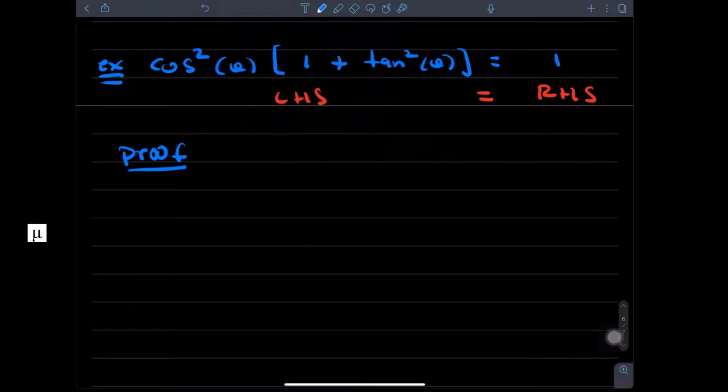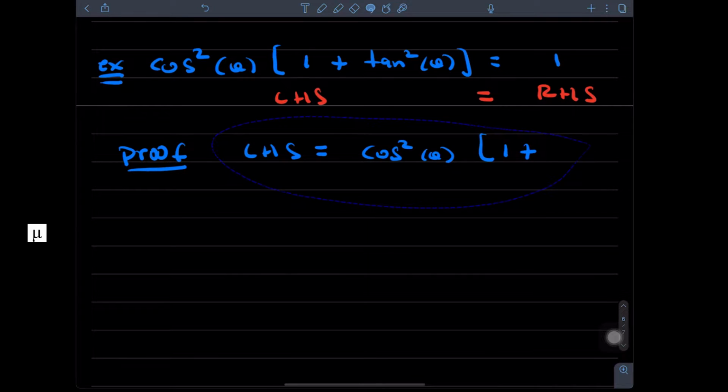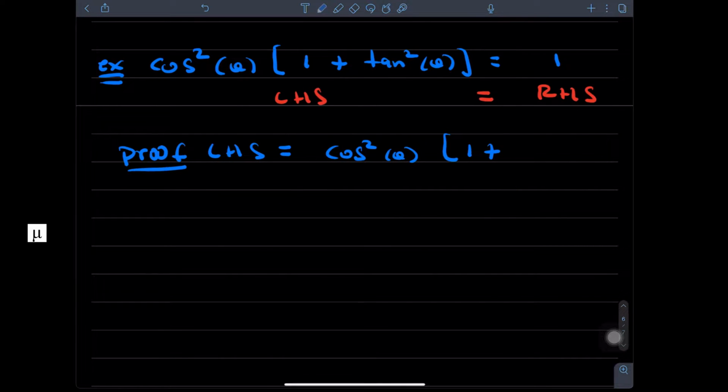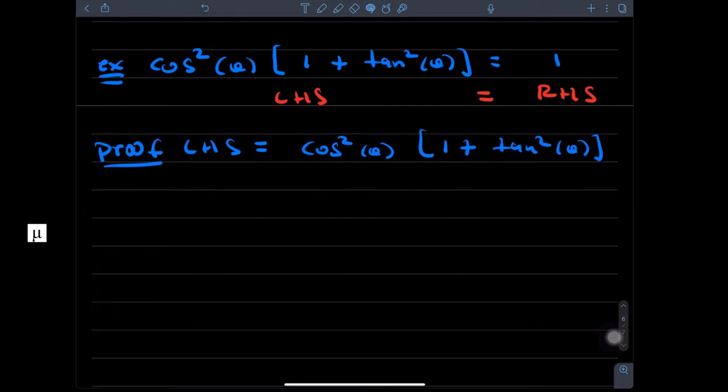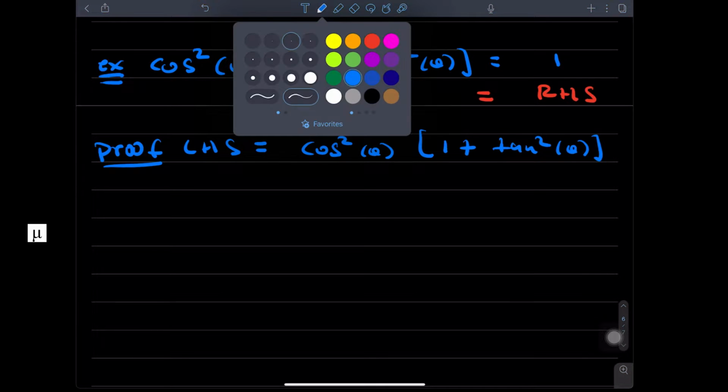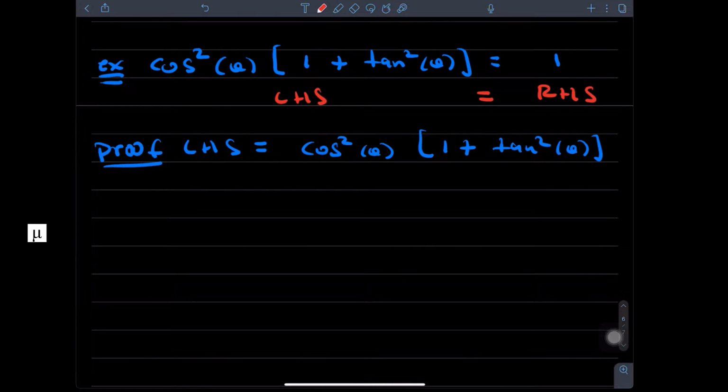You can say what? Left-hand side is what? Cosine squared, 1 plus what? Tangent squared. Okay, now, what does it say in the spooky guidelines?